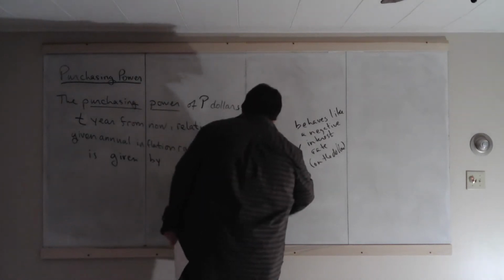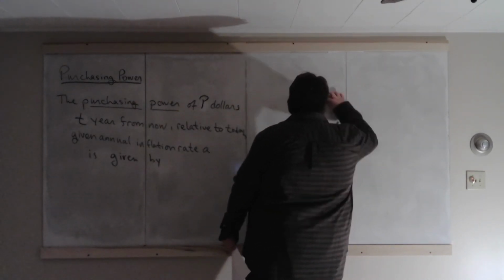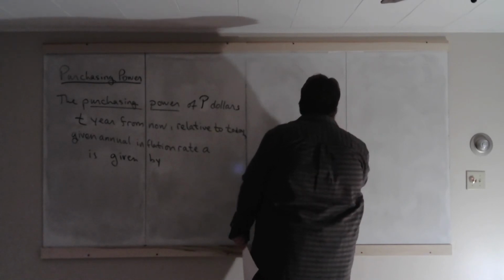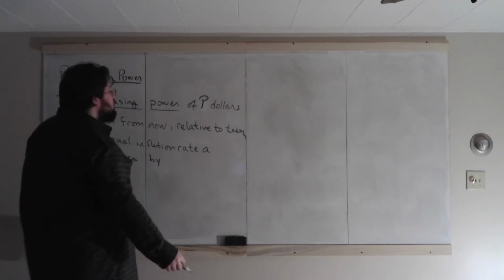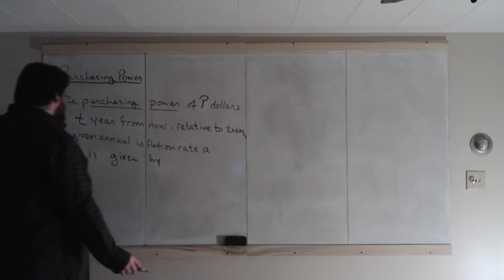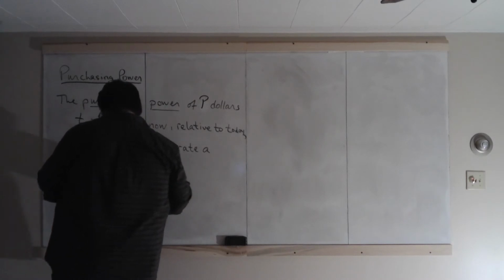So that first one gave us 1 year from now, but it behaves like a negative interest rate. So we can apply that to the compound interest formula. So we'll say A equals what?